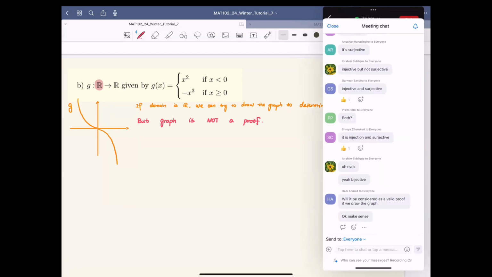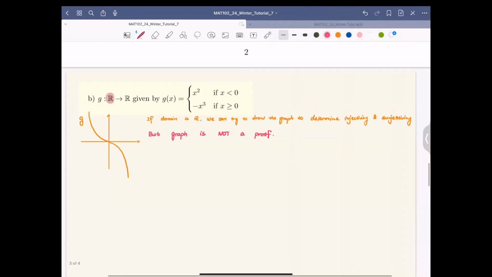Okay? So now, this is what I really want to do, because showing a piecewise function is injective and surjective is really hard for people. The key here is you need to discuss cases, for both injective and surjective. So how do you discuss cases?